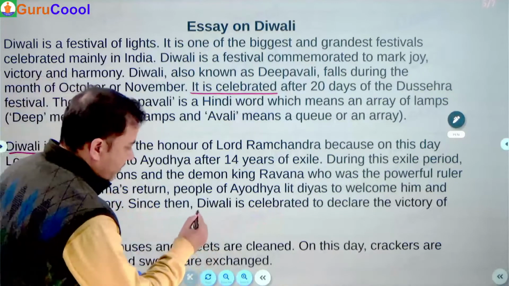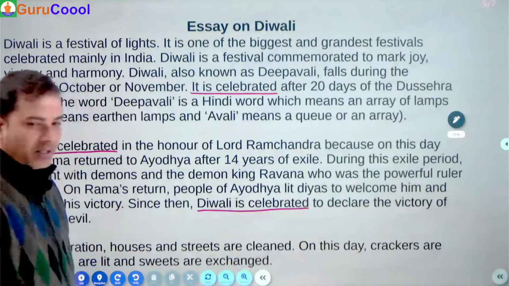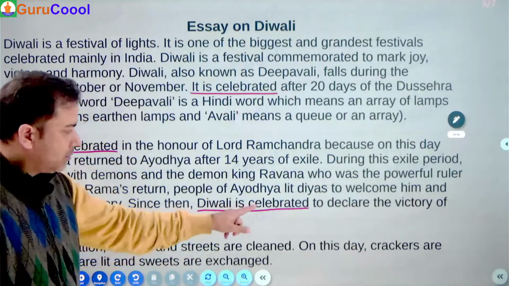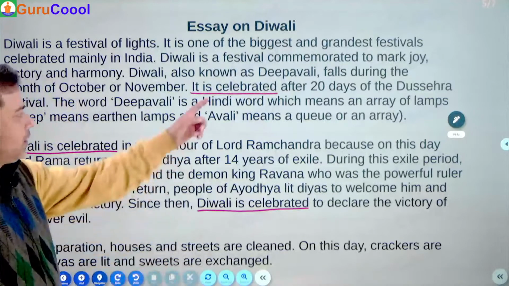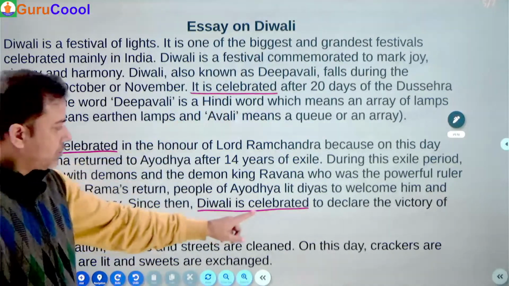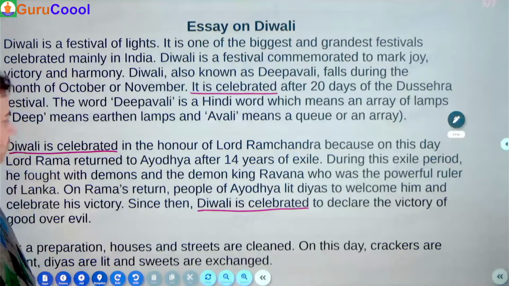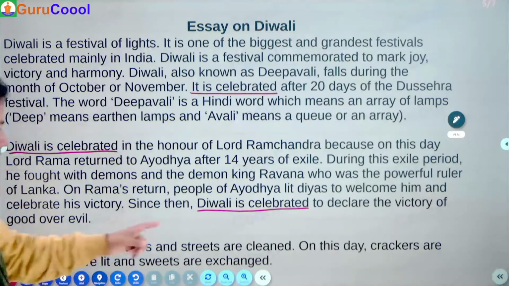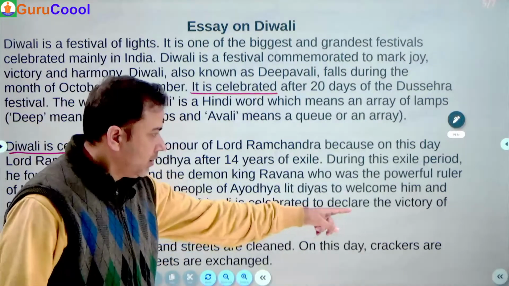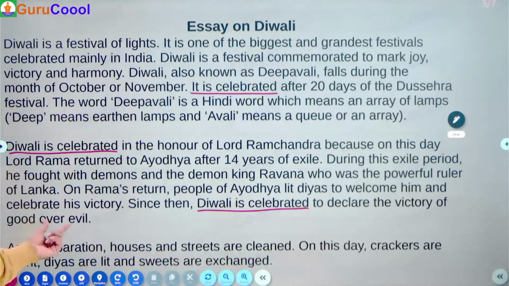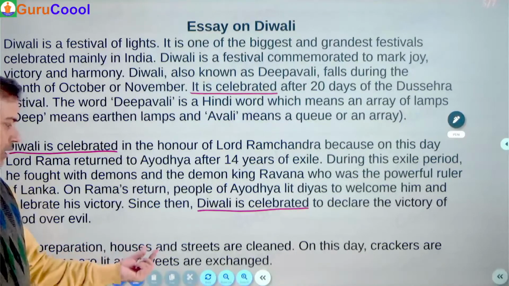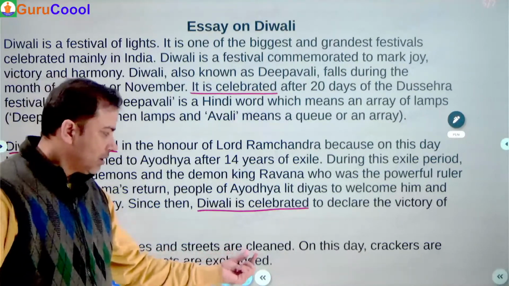Notice, again we have got a passive voice sentence. Diwali is celebrated. Object plus is plus V3. Both of these are passive voice. Now let's move on. Diwali is celebrated to declare the victory of good over evil. And then it says, as a preparation, houses and streets are cleaned.